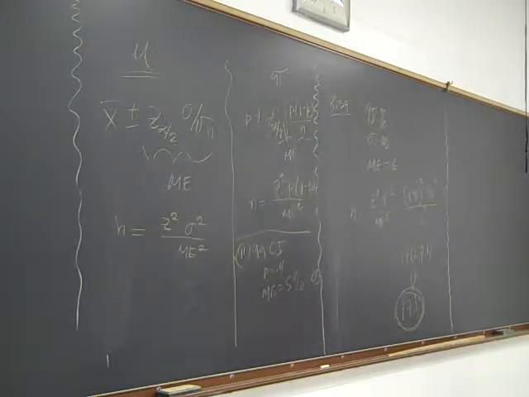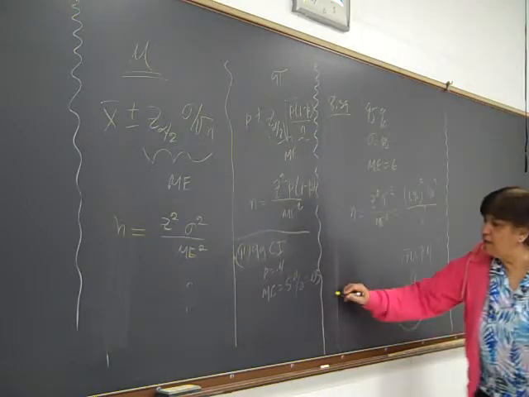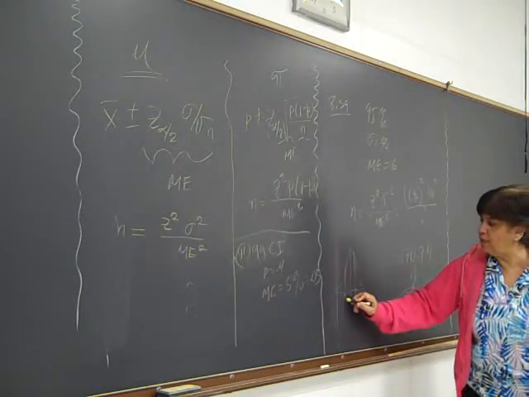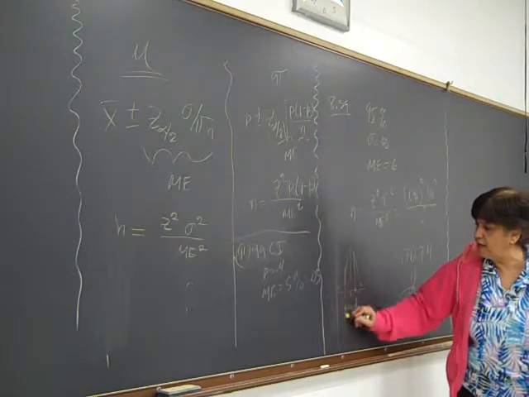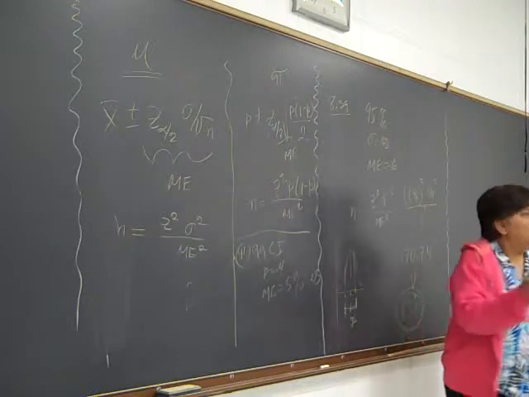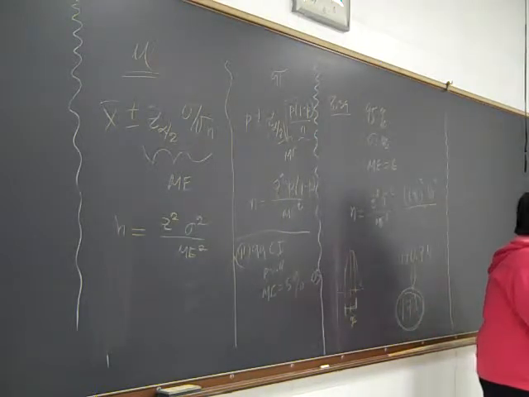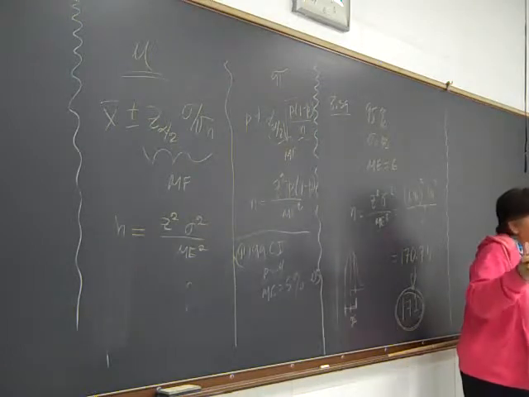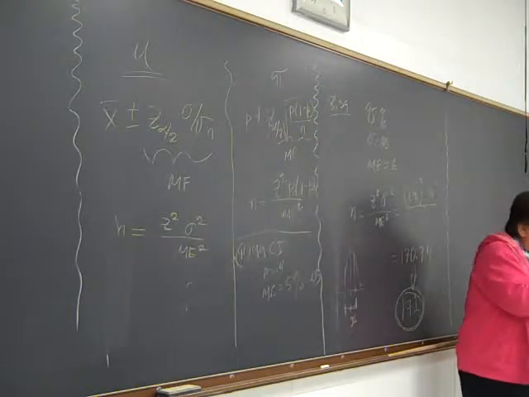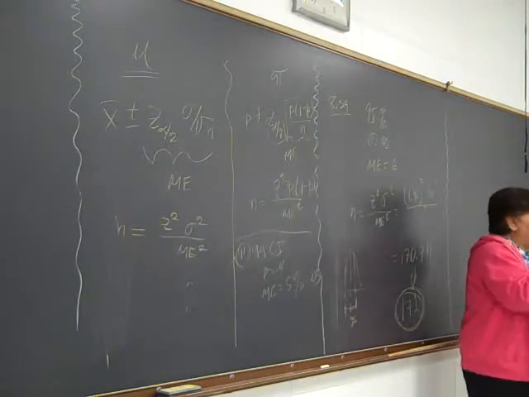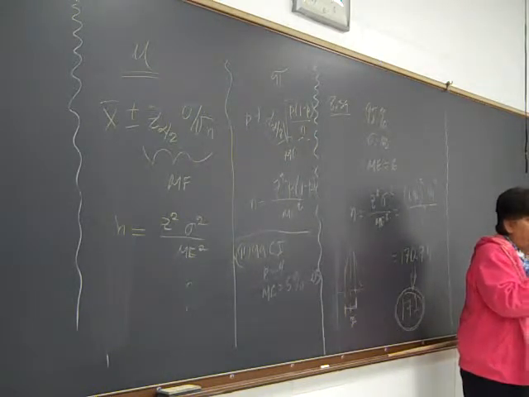But remember, what is the margin of error? The margin of error is how far away from the mean you are going. So this is my confidence interval, right? My margin of error is half of the confidence interval, because we go x bar plus or minus the margin of error.